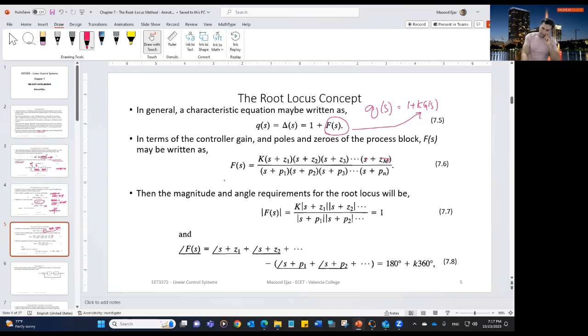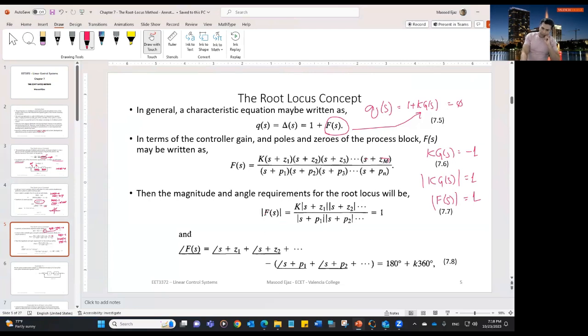That means if you calculate the magnitude of FS, it is equal to 1, because the magnitude of KGS, if we equate 1 plus KGS to 0, is -1. So the magnitude of KGS is 1, and KGS is F of s. The magnitude of F of s is equal to 1.